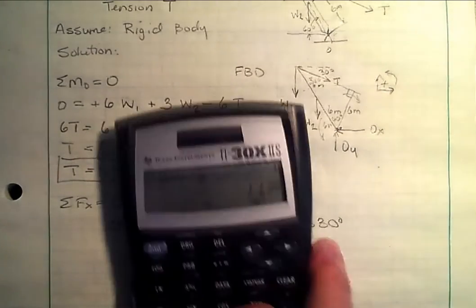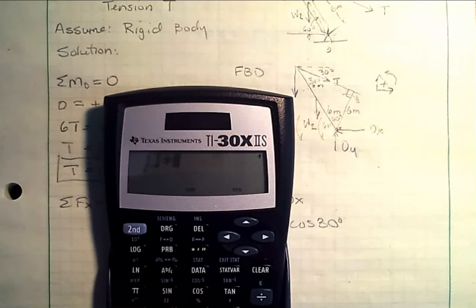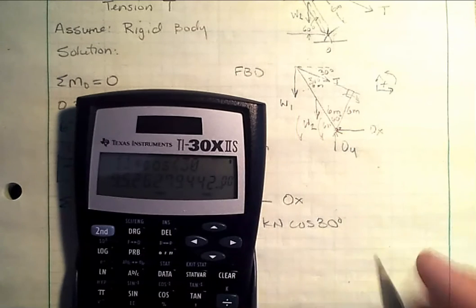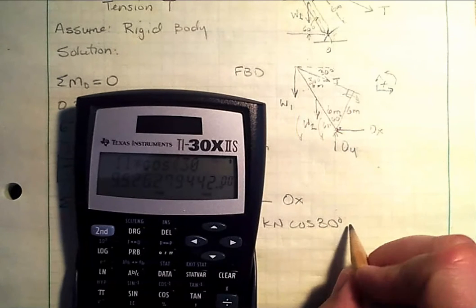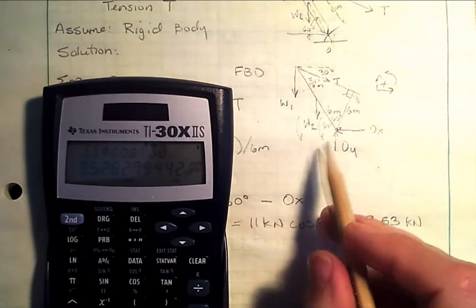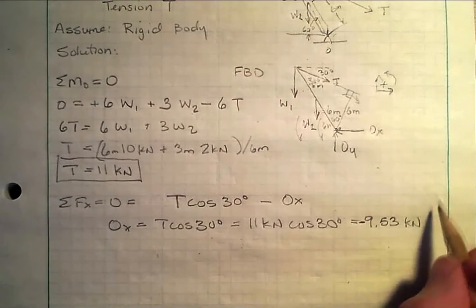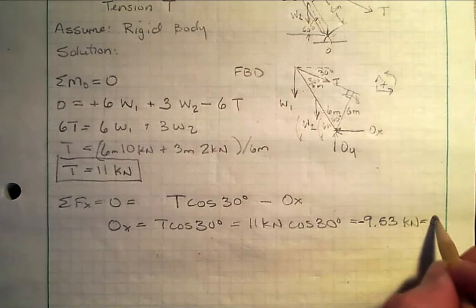If we put that in, 11 times cosine 30 degrees, right? It's going to give us 9.526, which equals 9.53 when we round it. And again, that's kilonewtons. Right? If you recall, we have it in the negative direction, so we probably should put that in there, and don't forget that. That's going to be equal to O sub x.